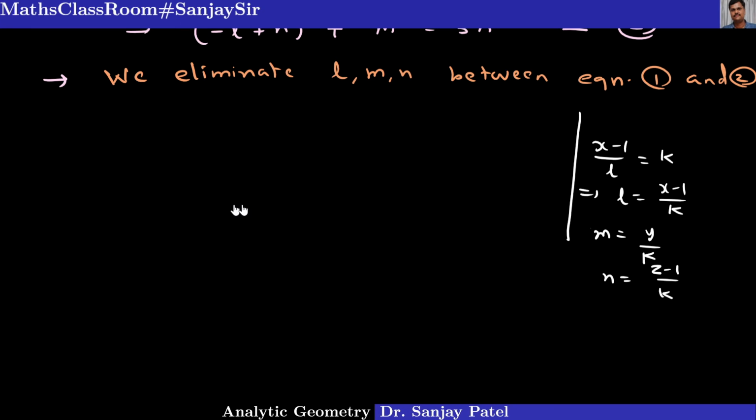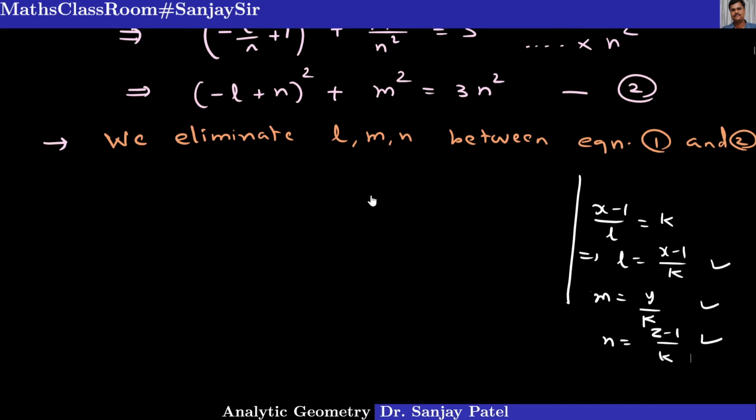So we can substitute the values of L, m and n in equation 2 so that L, m and n will be eliminated. Okay. So we get this way: minus L, which is x minus 1 upon k, plus n, which is z minus 1 upon k, whole square.